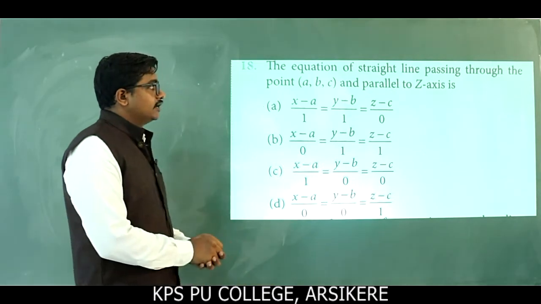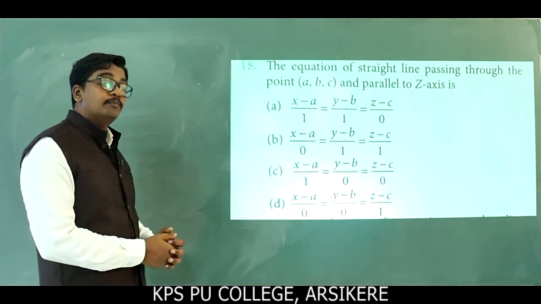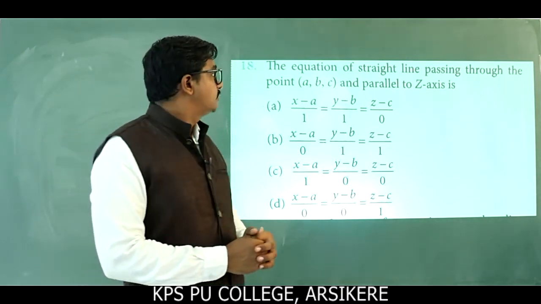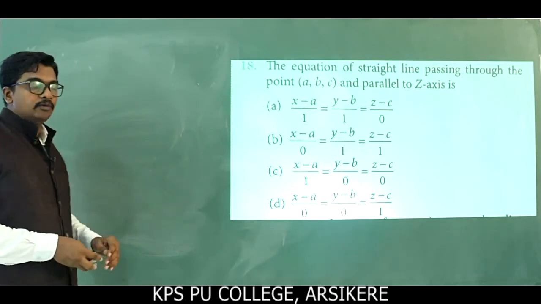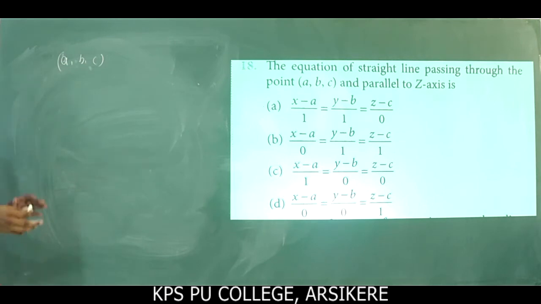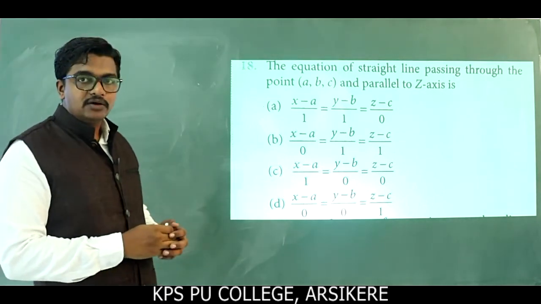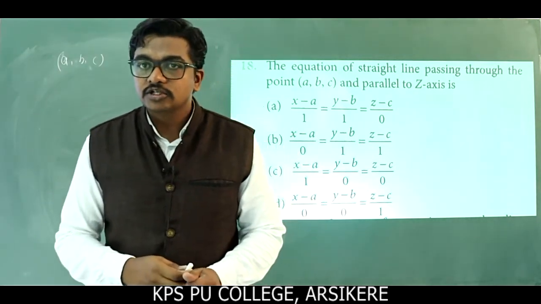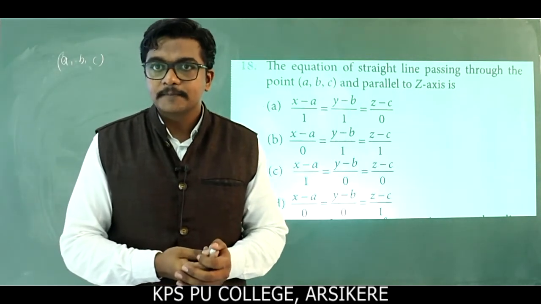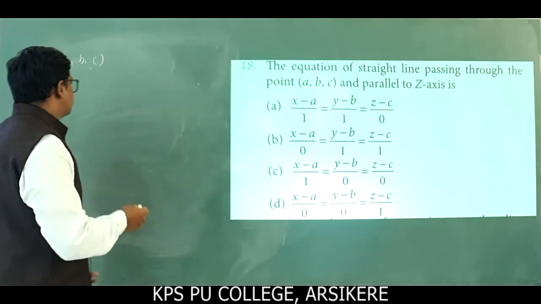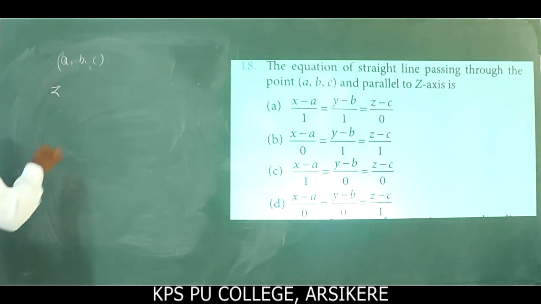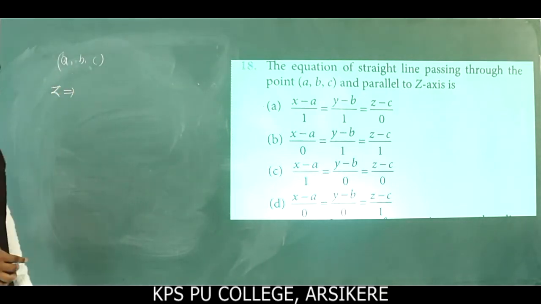The equation of the straight line passing through the point (a, b, c) and parallel to the z axis: we need to find the equation of the line passing through the point (a, b, c), which is the given point, and parallel to the z axis. Parallel to the z axis means the direction cosines of the z axis and the line are equal. Before finding the direction cosines, we need to find the direction angles.